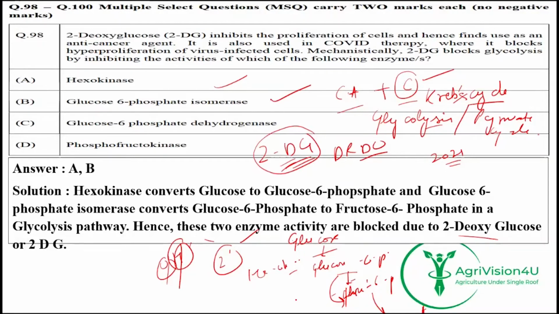So when we insert 2-deoxyglucose here, this structure doesn't form. Right? If the structure doesn't form, then the functioning of both these enzymes will get affected. So hence, the answer would be hexokinase and glucose 6-phosphate isomerase. Fine. I hope the explanation is clear.